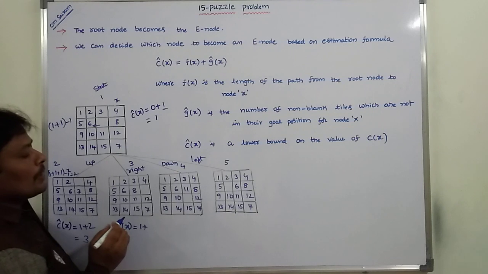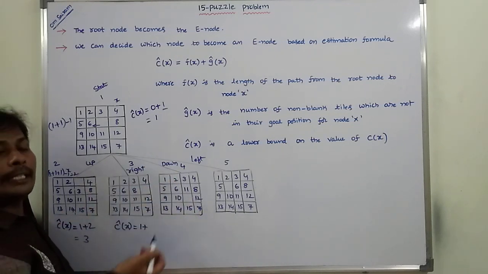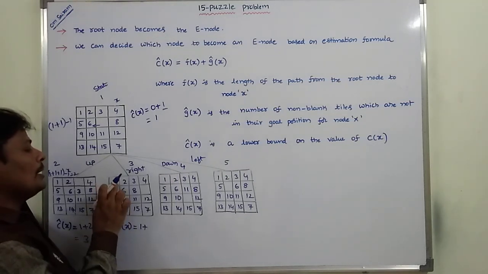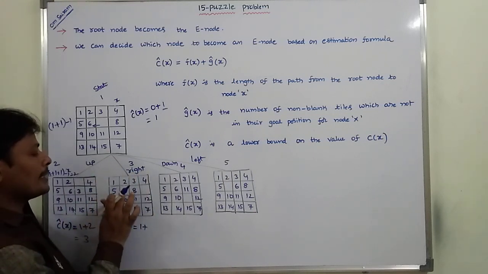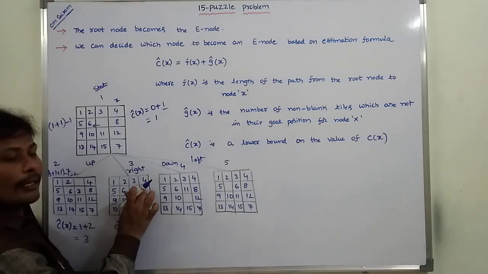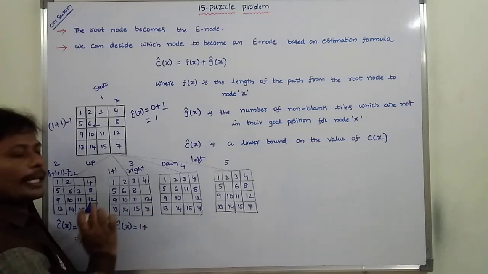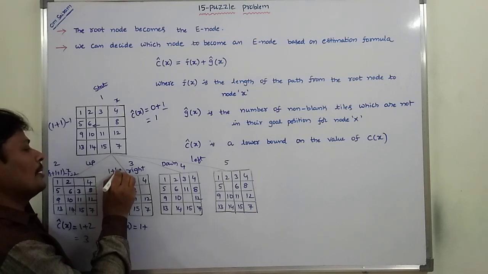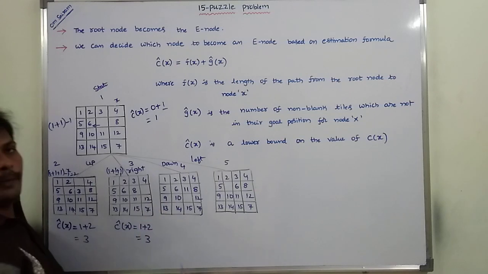How many tiles are not in the correct position when we compare to the goal positions? 1, 2, 3, 4 are in correct position. 5, 6 correct position. 7 not correct position. 8 not correct position. That is 1 plus 1. 9, 10, 11, 12 correct position. 13, 14, 15 correct position. 7 not correct position. So 3 minus 1, that is 2, that is equal to 3.